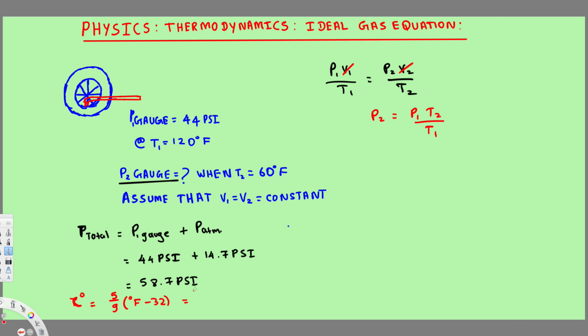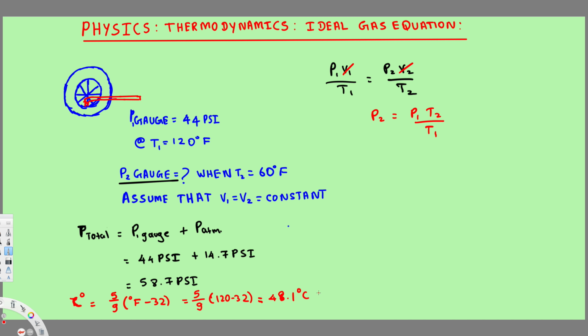Let's apply the value. So this is going to be 5 over 9 times 120 minus 32, and that's going to give us the value of 48.1 degrees Celsius. Now we have Celsius. Converting this into Kelvin is easy. We just add 273 to this value.